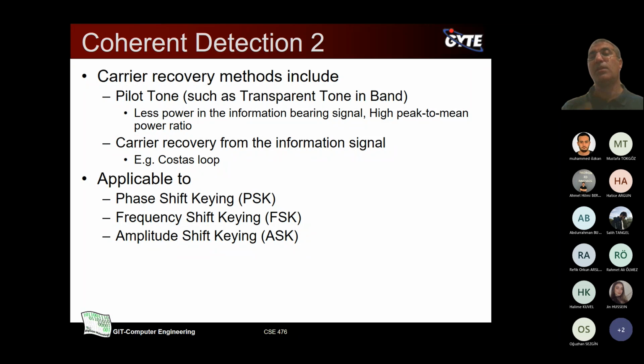We try to use the information signal by itself to recover the carrier. And one of the popular methods in this case is Costas loop. And the coherent detection can be utilized by PSK, FSK, ASK as well.